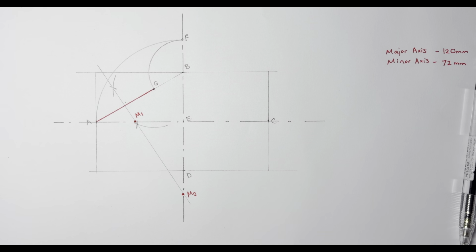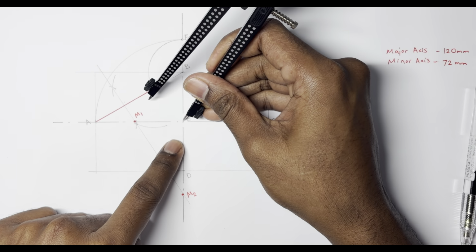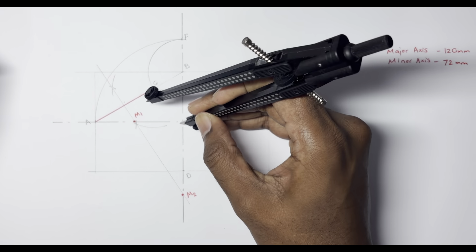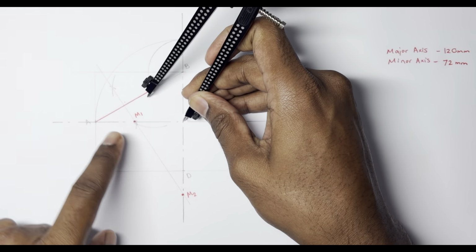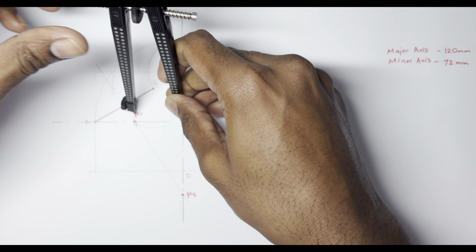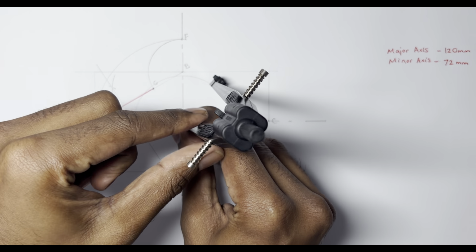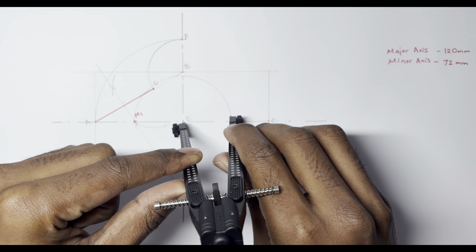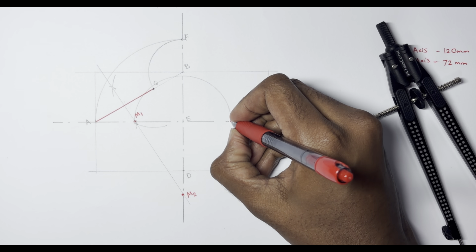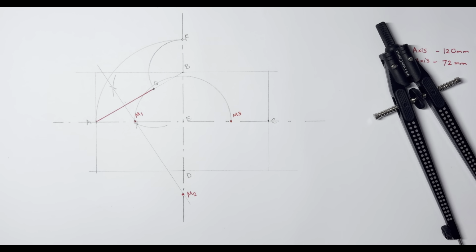All right, now I want you to take your compass again and put it back on E. I want you to measure to M1, and scribe an arc so that it goes to the other side of the center line. Make a dot there and label it M3.